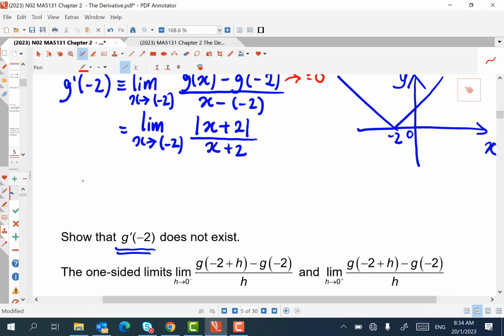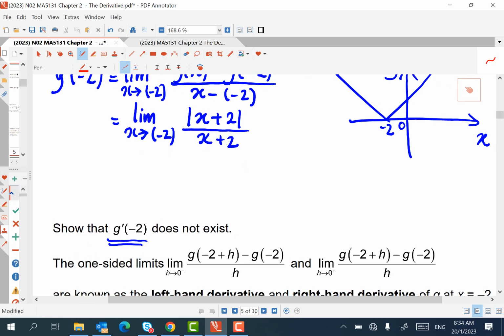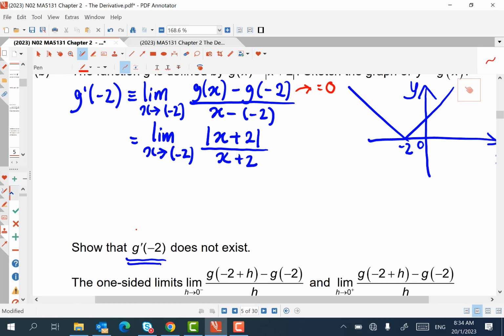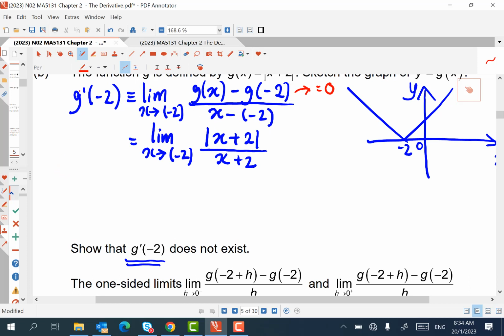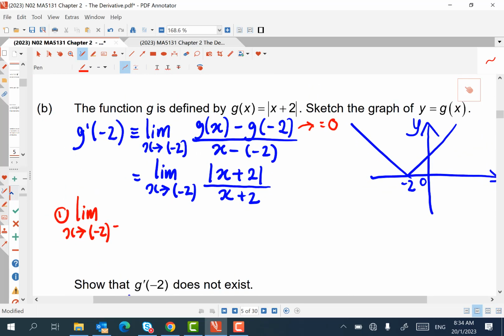So now what's going to happen is, I have to calculate the left and right limits of this. I'm going to calculate the limit as x tends towards -2 from the left. From the left, when you open up the modulus, this becomes negative of x plus 2, and then this ends up as a -1.